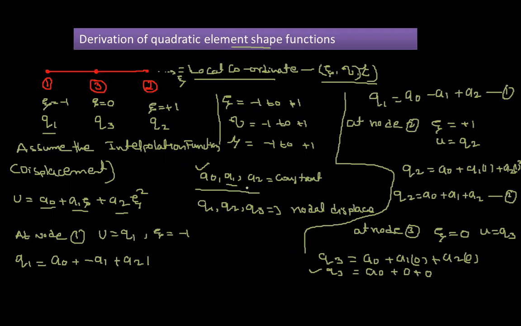We need to calculate a1 and a2. To calculate a1 and a2 I would like to use equation number 2 and 3. Okay, so let us try to find those. From the equations, it is possible to get the constant values a1 and a2.